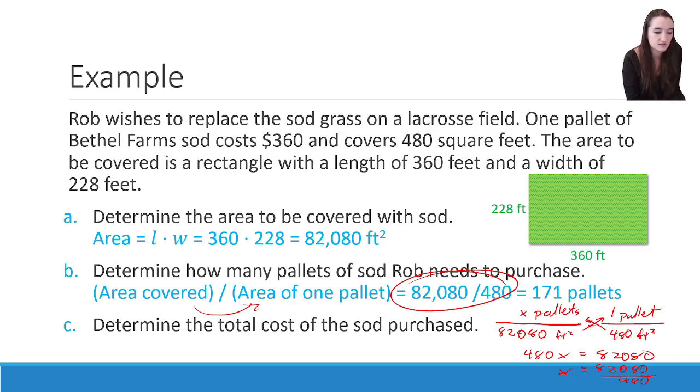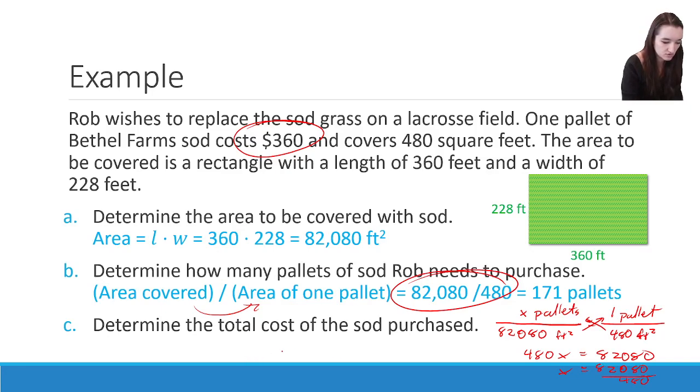Now, our last step is determine the total cost of the sod purchase. So our cost is $360 per pallet. So once again, we could set up another proportion. We know how many pallets we want, and we know the price per pallet.